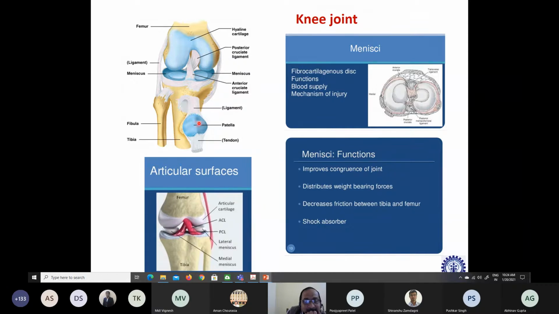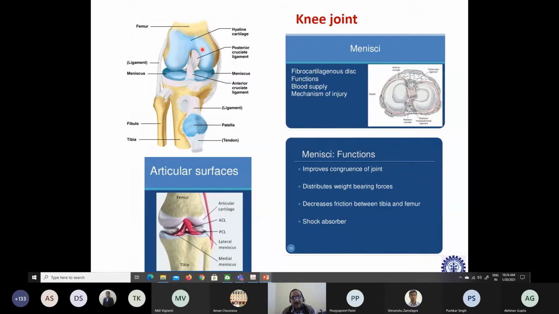From the front, on the anterior side, there is a laminar type of bone, which is known as the patella. And this patella is pressed into from the front by ligaments and tendons to form the patellofemoral joint.